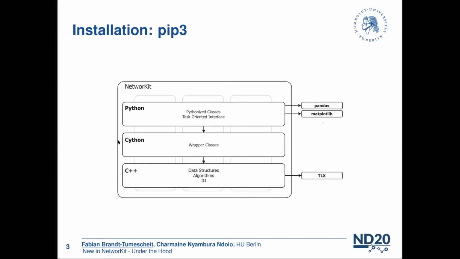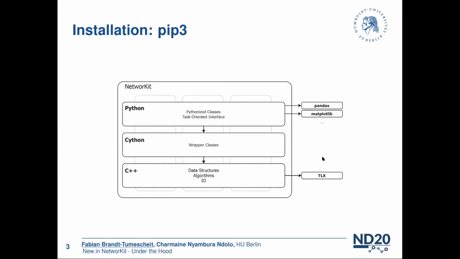Since its first version in 2014, you could type in pip3 install networkit, and then a pre-uploaded file is checked out, including all this code, which is mandatory here. And the build system then compiles both the C++ code and the Cython interface, and this all together is then installed as a Python module, essentially.